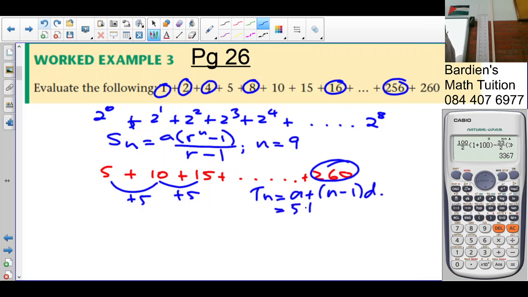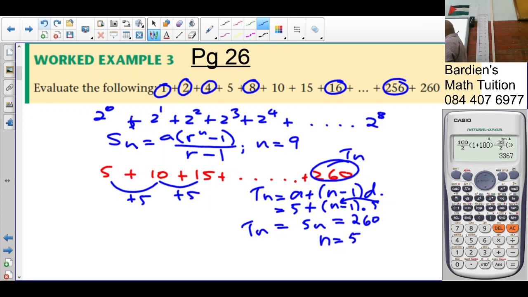That's going to give you 5 plus (n minus 1) times 5. So it's going to be 5n minus 5 plus 5, which is 5n. So that's my general term, your nth term. So it's going to be 260. What's 260 divided by 5? 52. So there are 52 terms here.